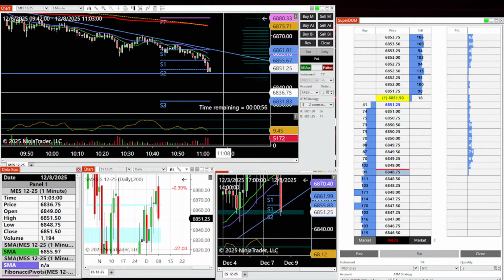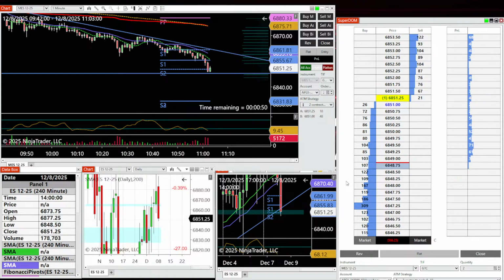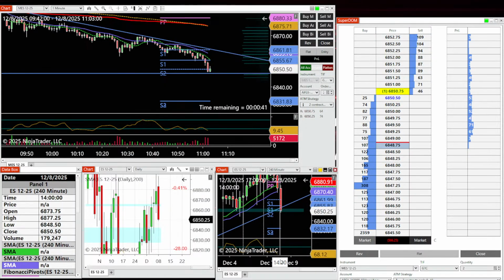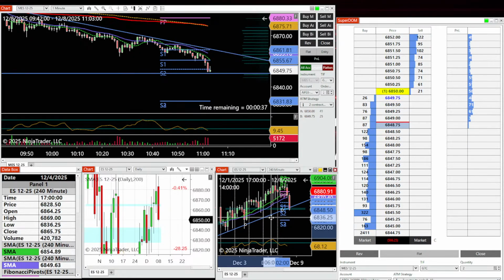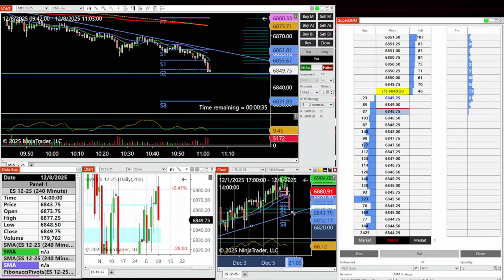Where to from here? We had a couple of trend lines. One could be here. This could be a trend line.